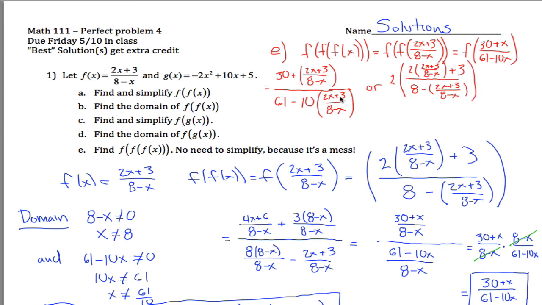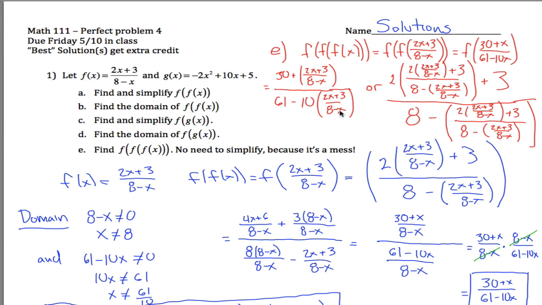That whole thing right there is just the x in 2x plus 3 divided by 8 minus, and then again, instead of x, I want to write this entire thing, 2 times 2x plus 3 over 8 minus x, plus 3, divided by 8 minus 2x plus 3 over 8 minus x.